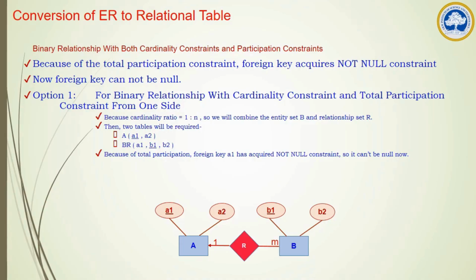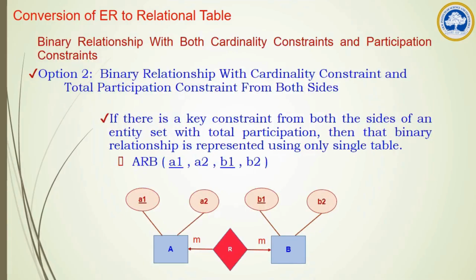Here the foreign key A1 has a not null constraint, and this is given in table BR.